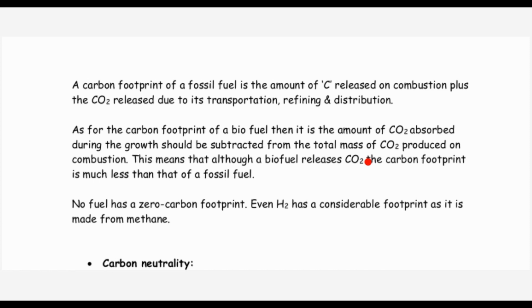For example, if I take a simple example of a tree, when you calculate the carbon footprint of a tree, it's not just the carbon dioxide released. Say you cut down the tree, then you need some equipment, and people have to come for that process. They don't come on horseback, they have to come in vehicles, so those vehicles release carbon dioxide, and that also has to be counted, right?